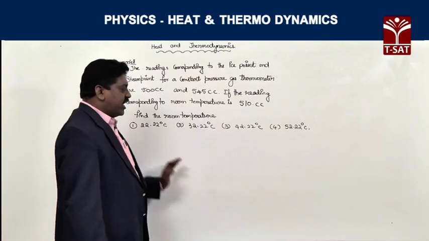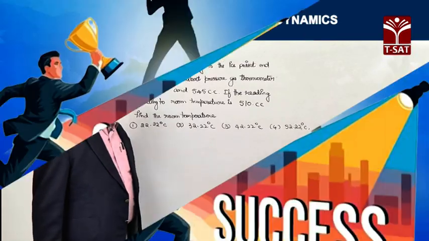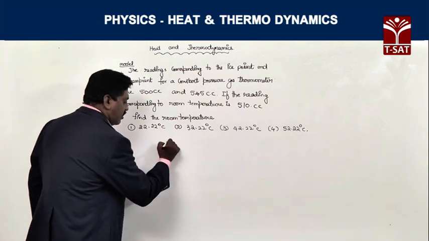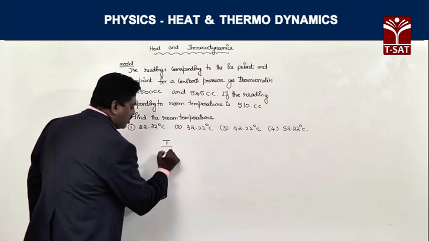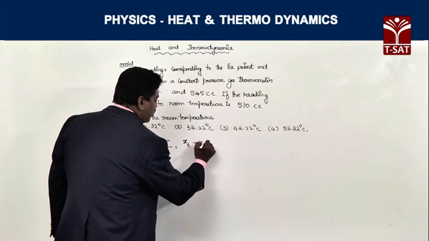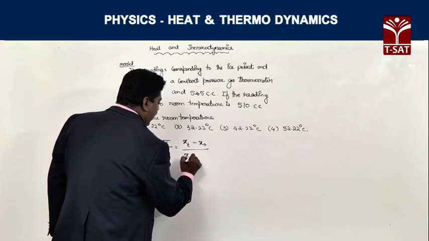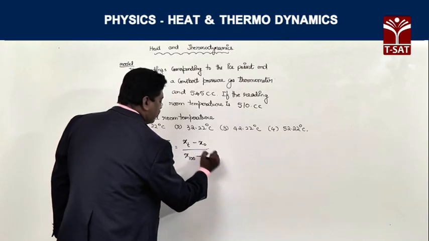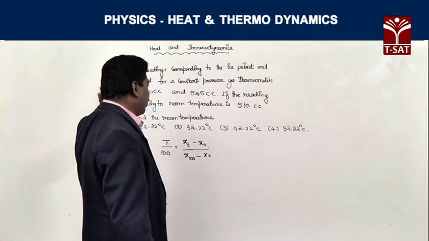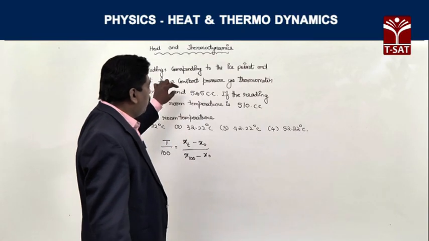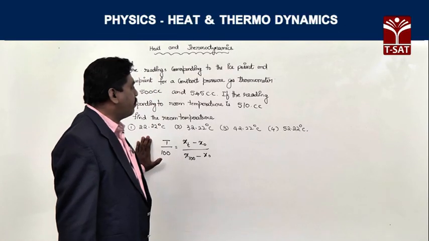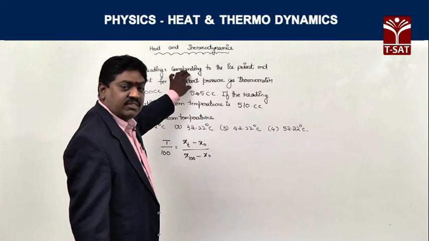Just now we have related the physical property with the temperature as T by 100 equals xt minus x naught by x100 minus x naught. Here the physical property is volume, and we are observing the changes in volume with the change in temperature, and the pressure remains constant.